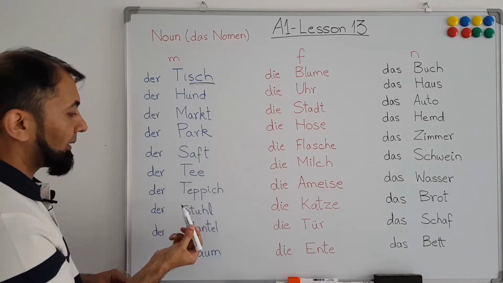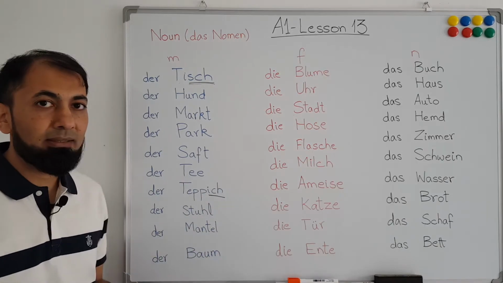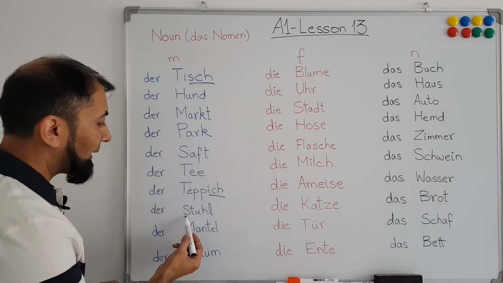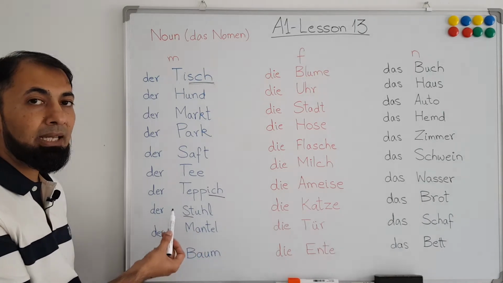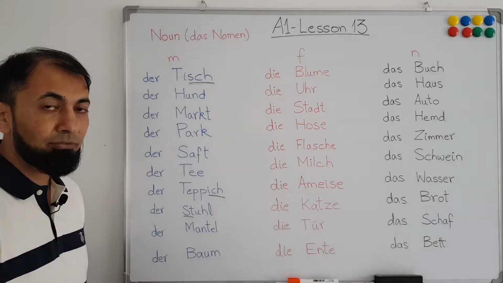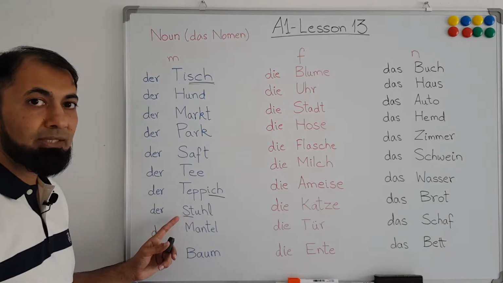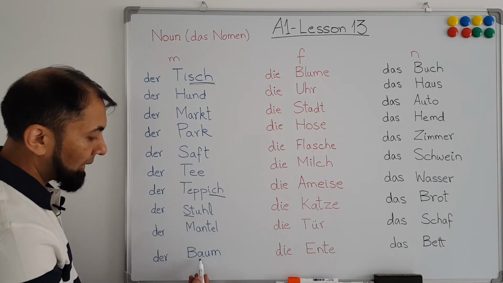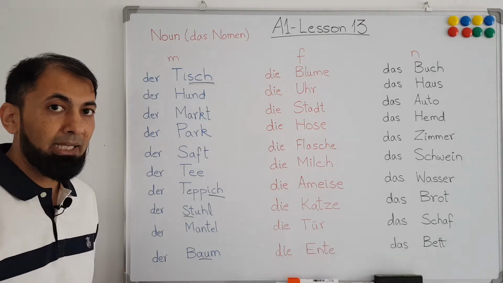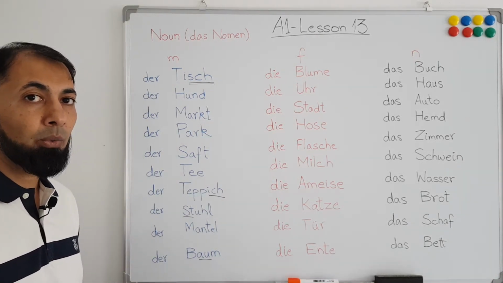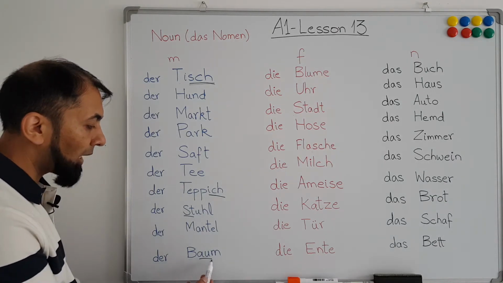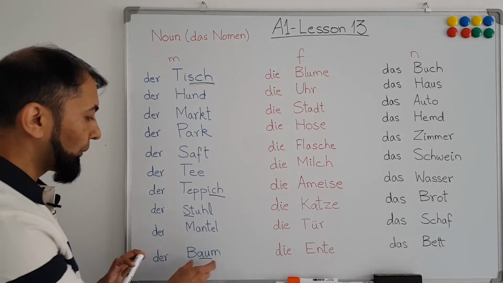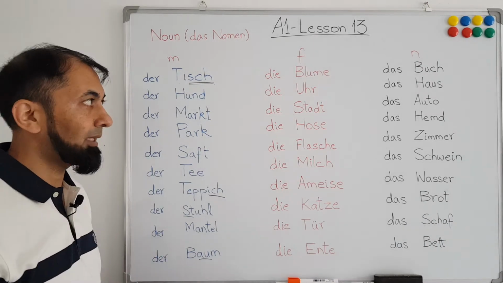Then we learned that ICH is ish, or I. Then we learned that if T comes after S, and S is the first alphabet of the noun, then S will produce a sound like sh. So here it's Stuhl. And then we also learned that if U is coming after A, it will produce a sound like ow. And here you can see Baum. So it's coming in between two other alphabets, but it's producing the same sound.